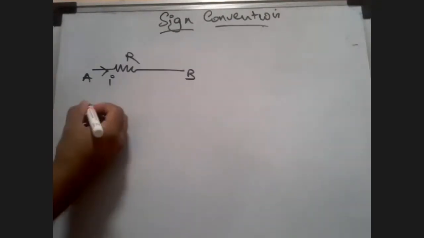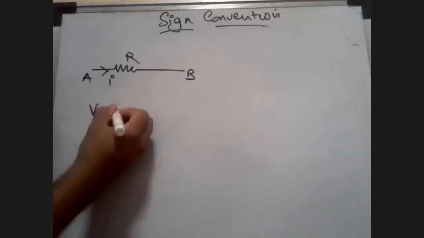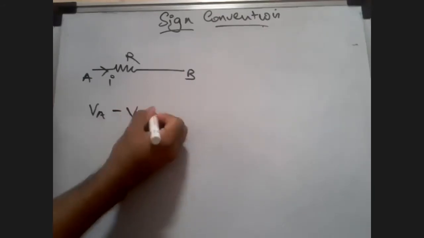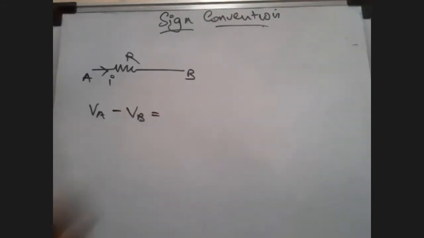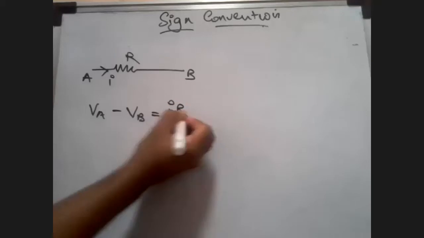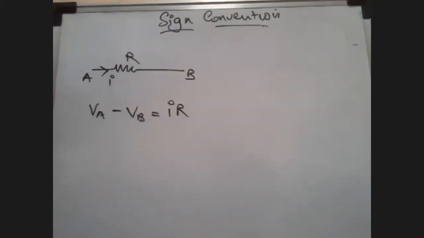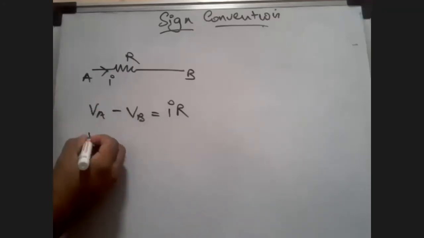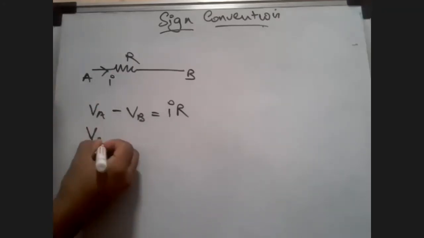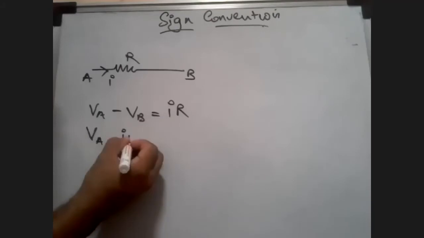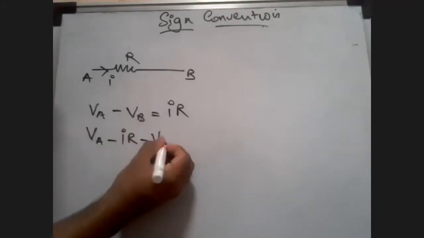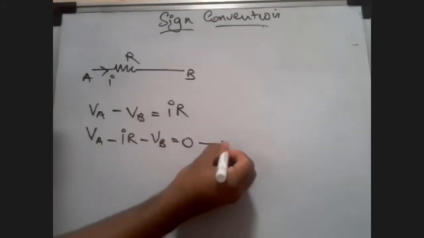Then of course, VA minus VB is equal to I times R. Yes or no? Switch it over: VA minus I times R minus VB equals 0.